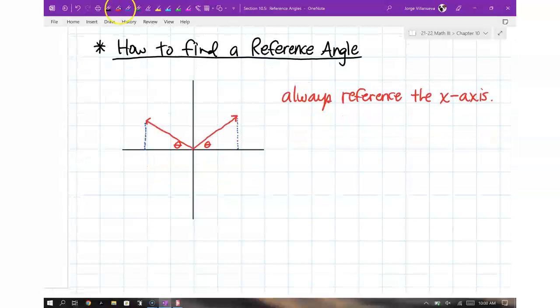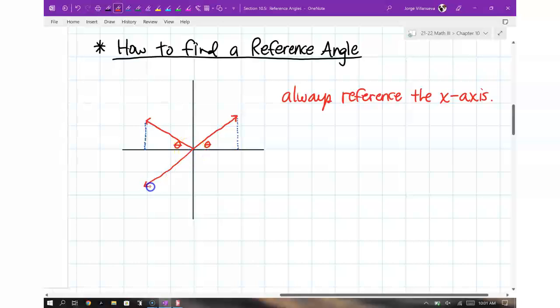Like if I have an angle that's down here, then I'm going to draw this little imaginary line right here, and this is the angle that they want me to find. Not the huge angle that it's going to take, like this big green one. That's not my reference angle. It's the tiny little theta on that bottom triangle, just that little piece right there, not all of it. And you can also get the same idea over here. This is what I meant by kind of like a black widow symbol.